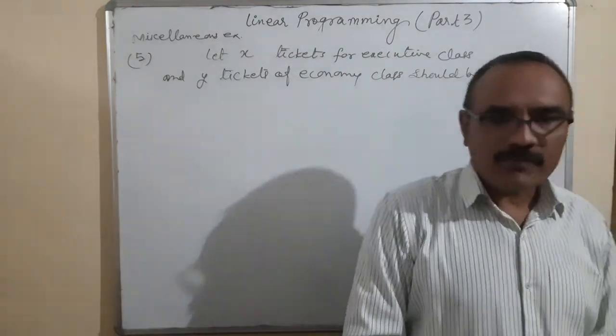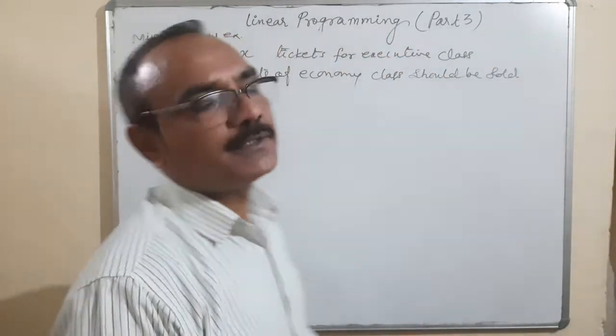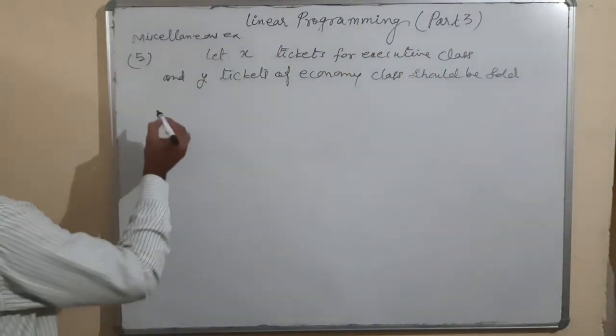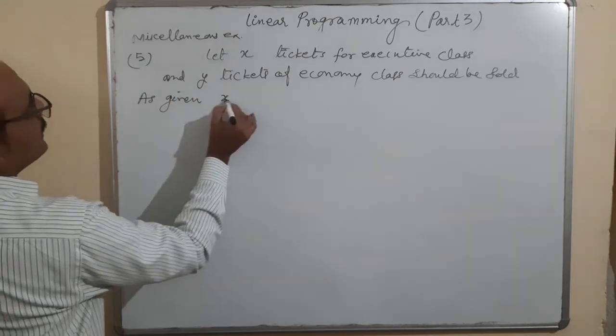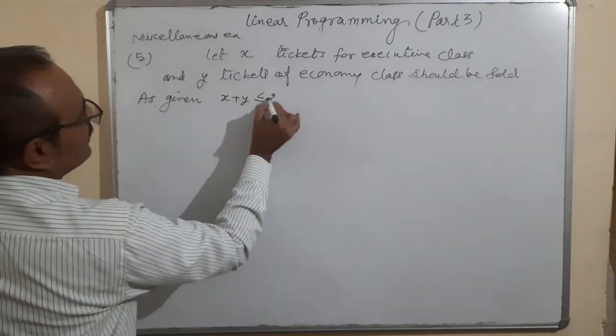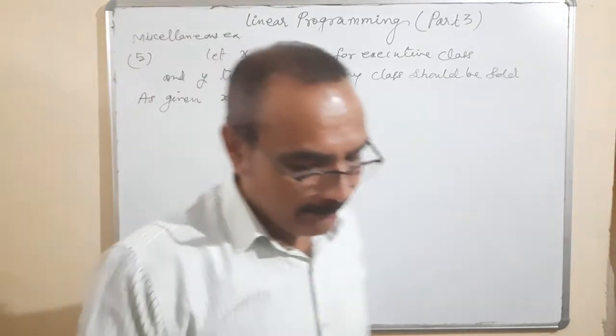Okay. Number 1, the capacity is 200 passengers. So, as given, x plus y is less than or equal to 200. This is the maximum capacity, 200 passengers.